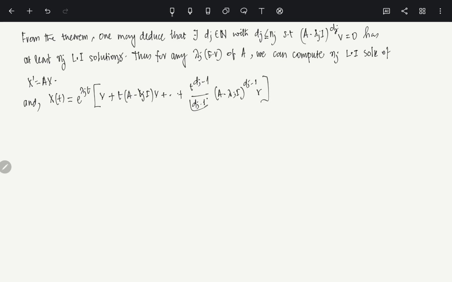Clear? And you can also show that n1 plus n2 plus up to nk will be n. So this will actually be the full set of n linearly independent solutions.